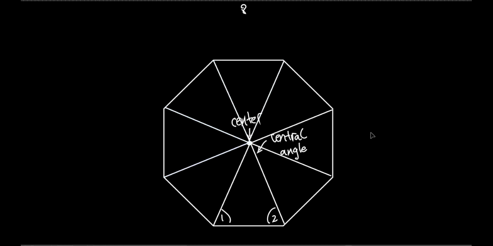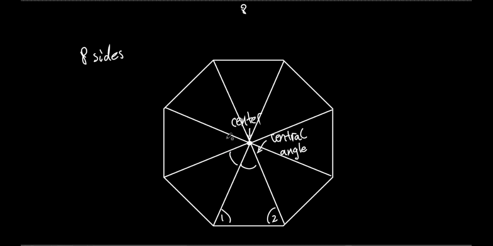Okay? Now, how many sides did I say this thing has? It's got 8 sides. With just that information, with just me telling you that you have 8 sides, you should be able to figure out what this central angle actually is. Any ideas on how to do it?